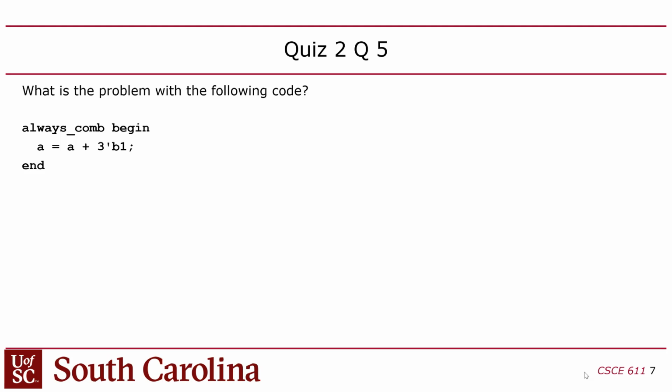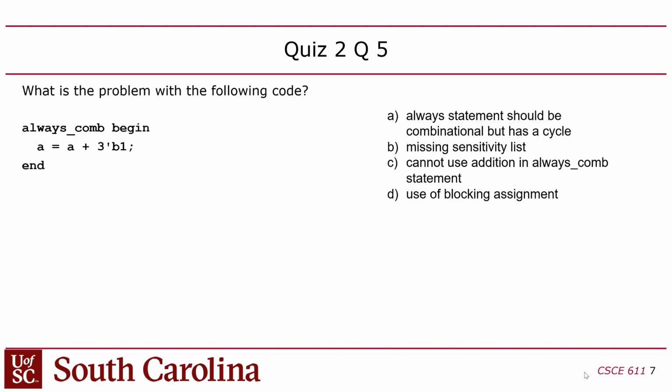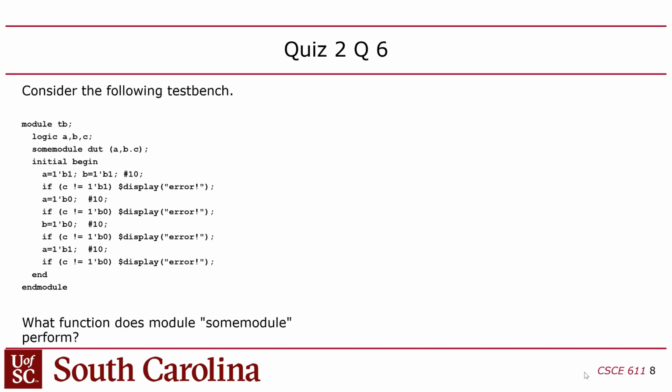You can do something like this, and it's actually a very common thing to do. This is a counter, except in order to make it a counter, you need always at posedge clock, right? You don't want to do it without the clock. You want it to be clocked. You want the clock to control the rate at which it counts up. The always statement should be combinational but has a cycle, so the answer is A.